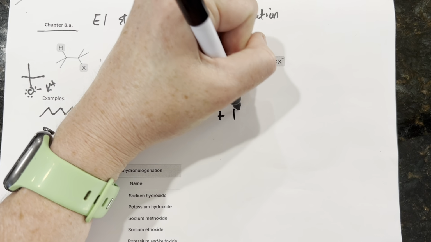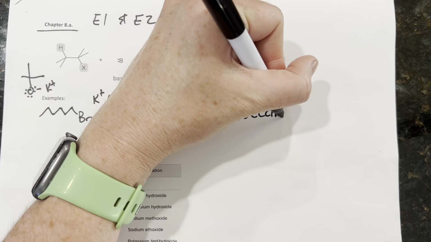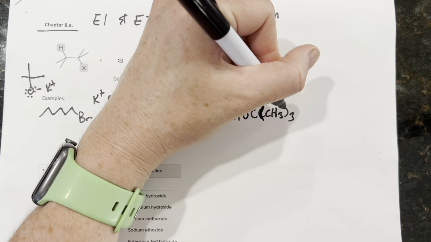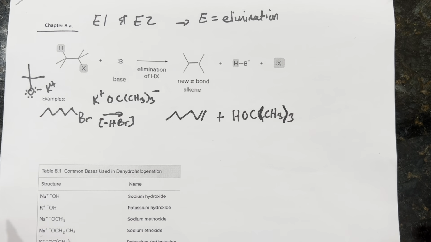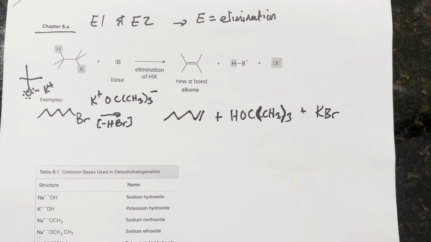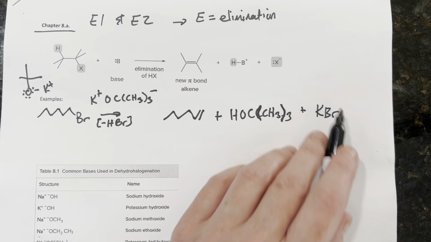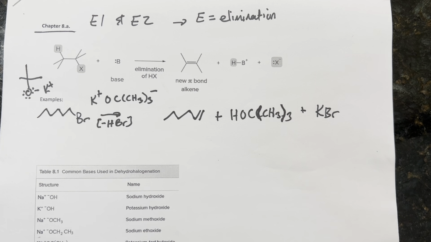So remember that was the base. My parentheses look like C's, I know that. There we go. Plus KBr. So the H goes onto the base, and the potassium and the bromide can now hang out because you've got a positive and a negative.